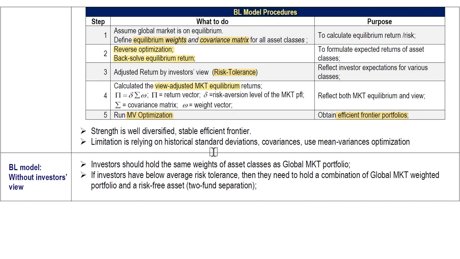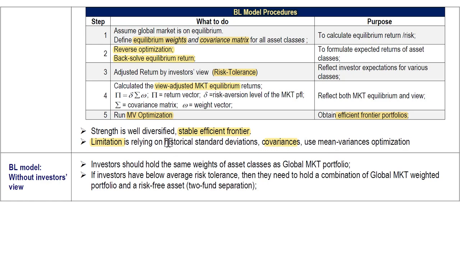Now, the purpose of the result is to develop a stable efficient frontier, because the corner portfolio approach does not provide a stable efficient frontier, where the Black Litterman model overcomes that problem. However, it still has the same limitation as the corner portfolio approach, because remember the variance covariance matrix, especially the covariance matrix, is still based on the historical data.